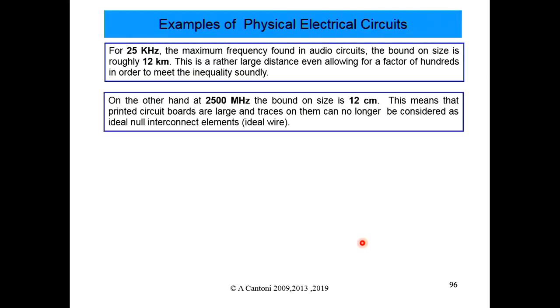So if we put that in context, if you're talking about 25 kilohertz, which is audio frequency, then you've got quite a bit of space to play with, 12 kilometres, so you can have wires everywhere, and it's still going to satisfy circuit theory. Signals at one point in the circuit will effectively instantaneously appear at other points in the circuit.